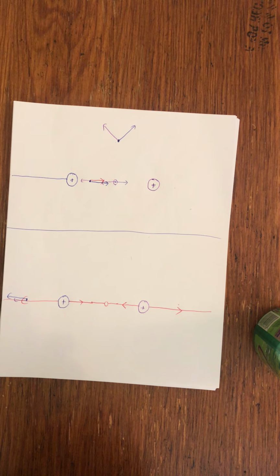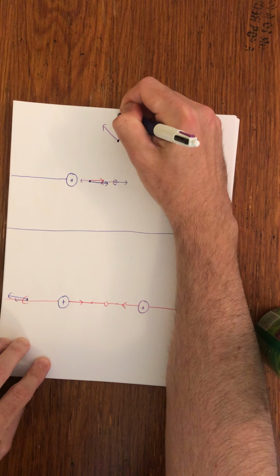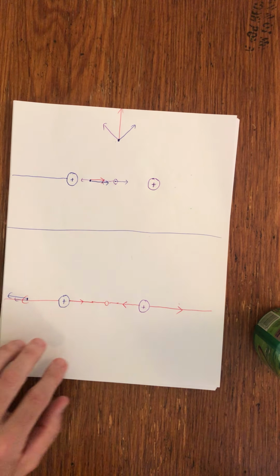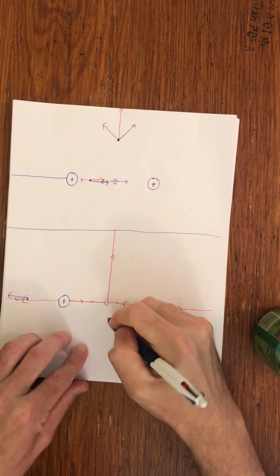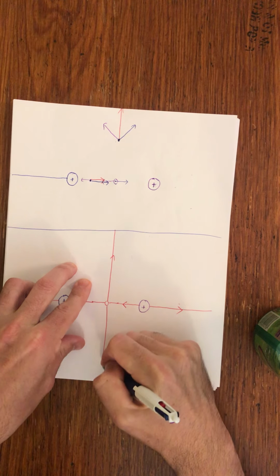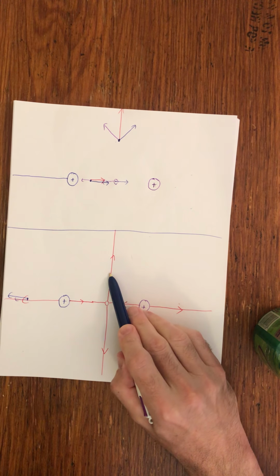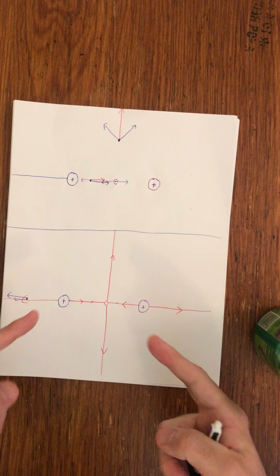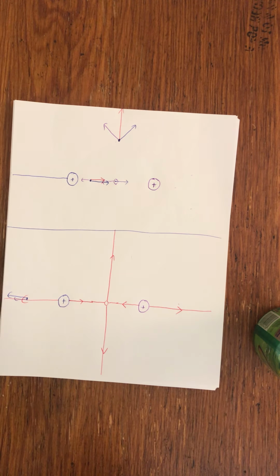Here, the horizontal components are canceling out, and I get a net electric field that goes directly to the top of the page. So that's going to be true actually everywhere along that line. And then once again by symmetry, boom. So what would happen there if we had a particle there, both would be pushing it equally like this, meaning it would just move away from both of them if it was positive.